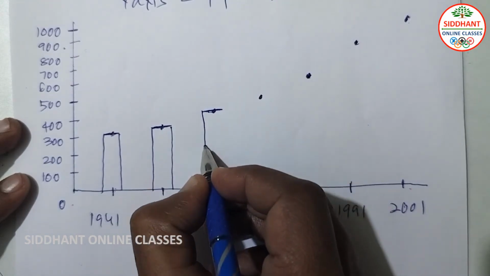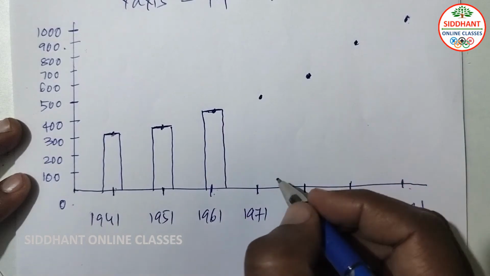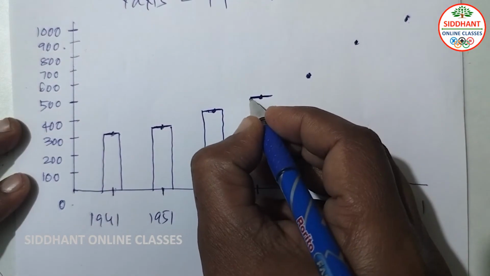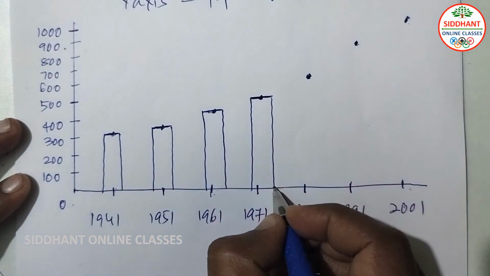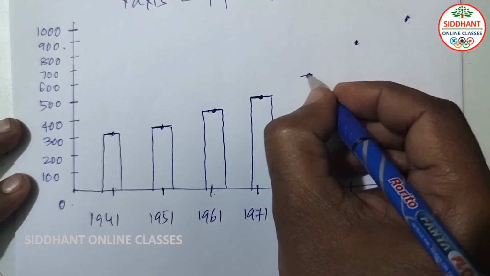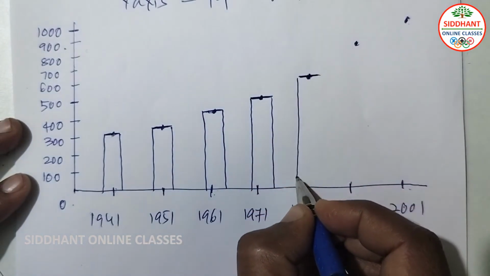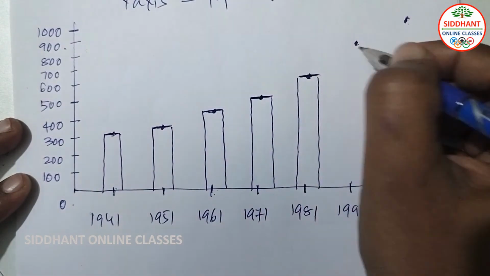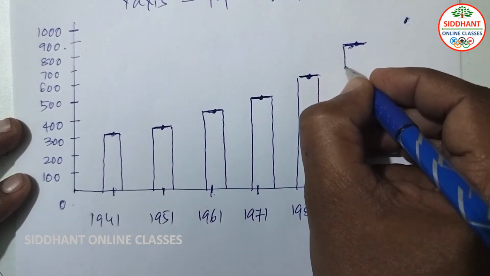In this way we are going to draw the bar diagrams. For 1991 it is at 850.